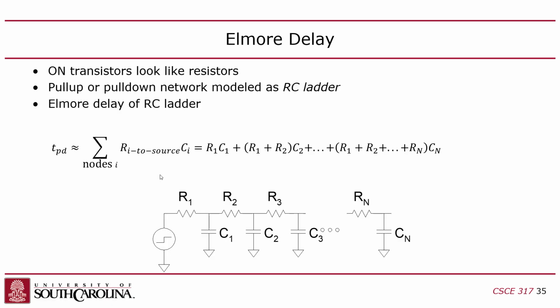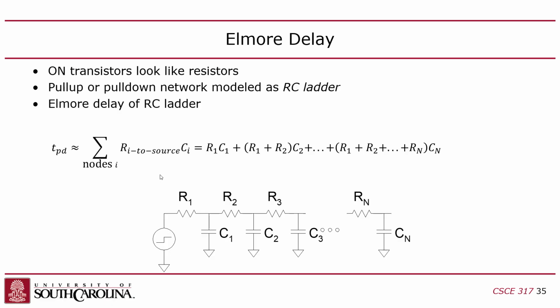You have a voltage that's coming in, and you've got a resistor and a capacitor. So yeah, just R times C. But there's another resistor after that one, and then another resistor after that one. So this is basically a transmission line model. They call this a lumped model. Every R and C is a lump, right? But it's also applied to transistor networks for pull-up and pull-down networks as well.